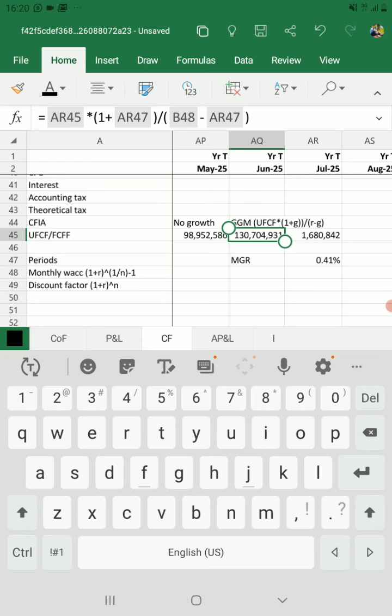For example, if the exit multiple uses earnings before interest, tax and depreciation allowance, as we did in our annual computation, then you simply get your earnings before interest, tax and depreciation allowance on annual, and then if the multiple is 10 as we did in annual, then you multiply it by 10. That becomes your exit multiple.